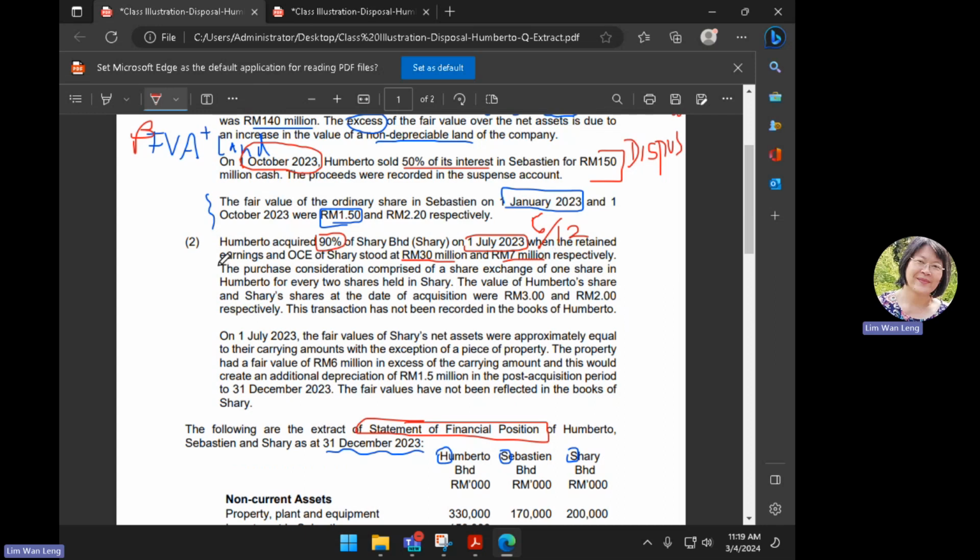And then the next one. The purchase consideration comprises of what? Share exchange. Of what? 1 share in Humberto for every 2 shares held in Sherry. So you acquire 90% of the shares in Sherry.